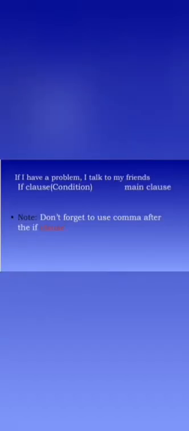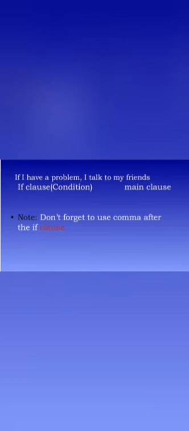Now you can write these sentences in another form. Let's see that. If I have a problem, I talk to my friends. Class, this is the same example as the previous one. But what is the difference? Think about it. Yes, you are right.